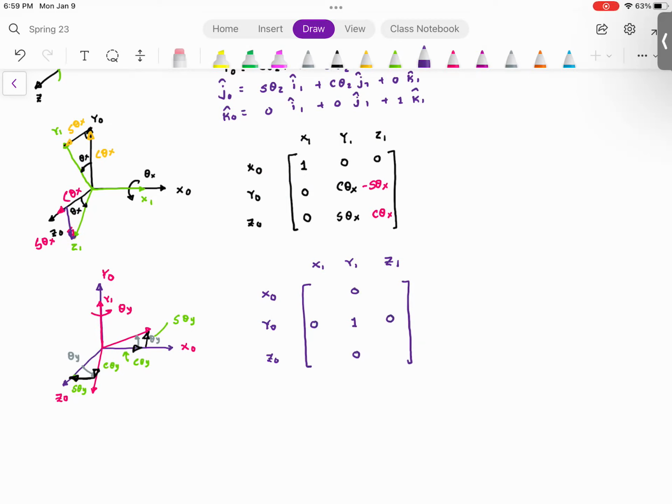Projection of x1. So this is my x1. This is my z1. So projection of x1 onto x0 is cosine theta y.